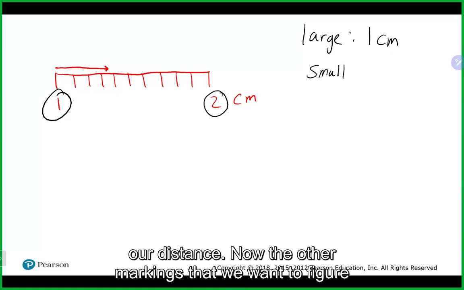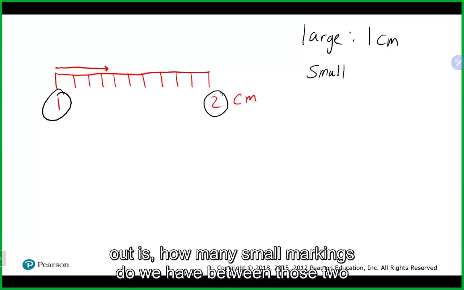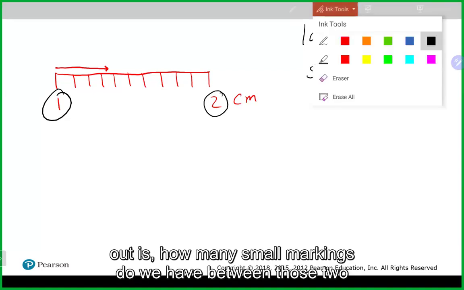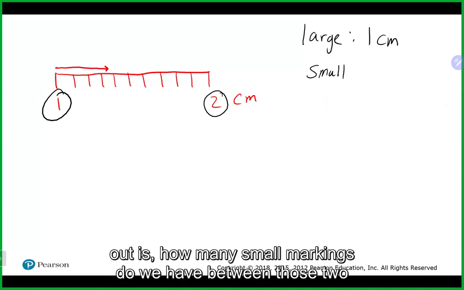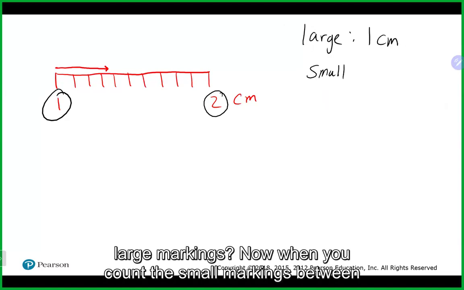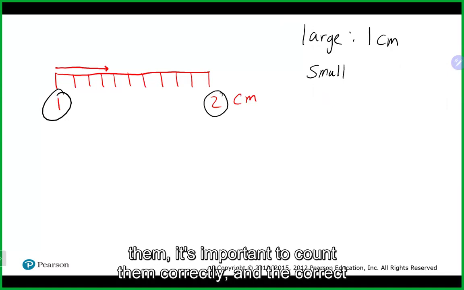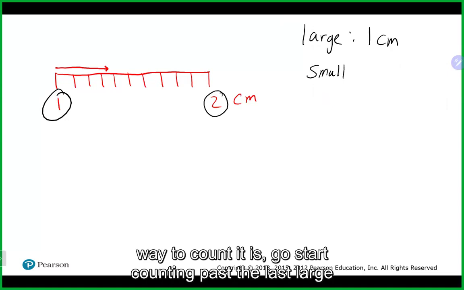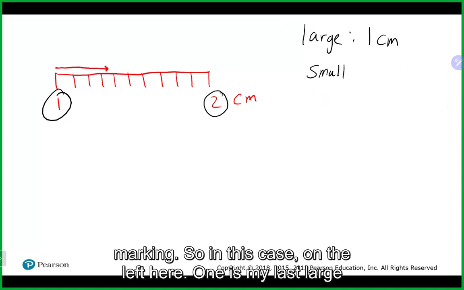Now, the other markings that we want to figure out is how many small markings do we have between those two large markings? Now, when you count the small markings between them, it's important to count them correctly. And the correct way to count it is start counting past the last large marking. So in this case, on the left here, 1 is my last large marking.